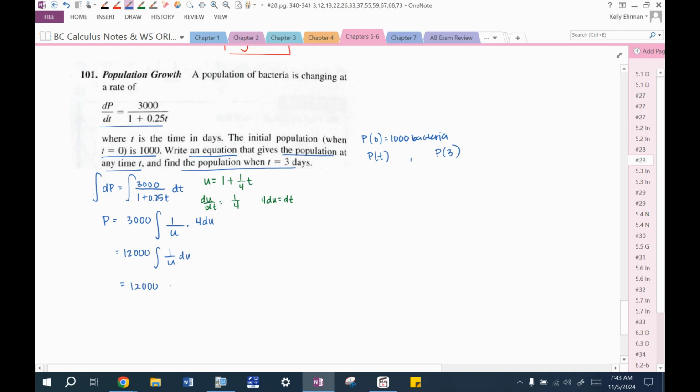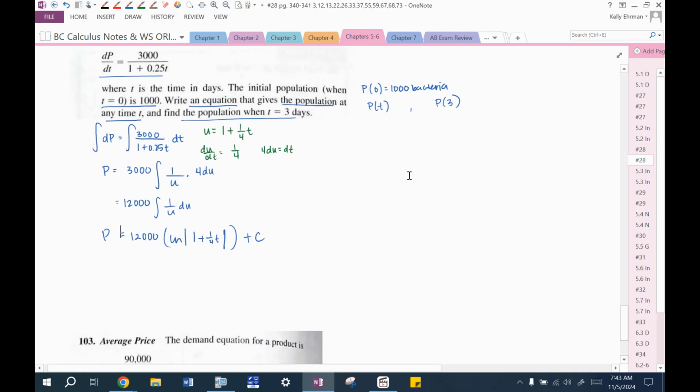So that's 12,000 times the natural log of the absolute value of 1 plus 1/4 t. Oops, I was setting up a definite integral, wasn't I? Plus c. Okay, so we have this so far. We know that there's 1,000 bacteria when t is equal to 0.